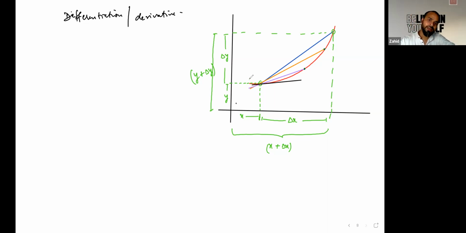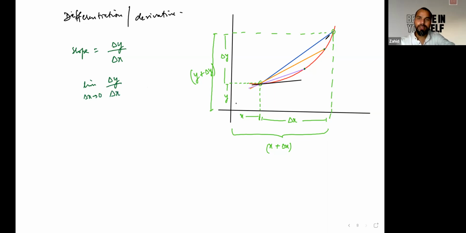Okay. So for this process, slope is equal to perpendicular over base. Now we define a limit related to the change delta x: limit delta x tends to 0 of delta y over delta x.